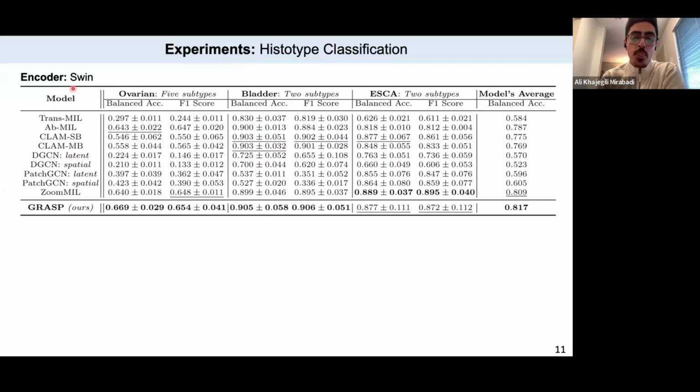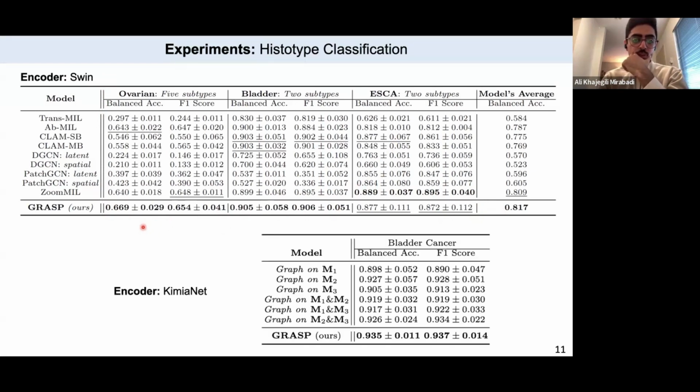So it's harder to investigate the graph or MIL part of the model and see if the model is doing something good or if it's in the features. So we tried to give features that are not really good in this experiment. The same phenomenon happened, except that for ESCA, ZoomMIL was performing better. But on average, the model was again better than other models, and also smaller than other models.